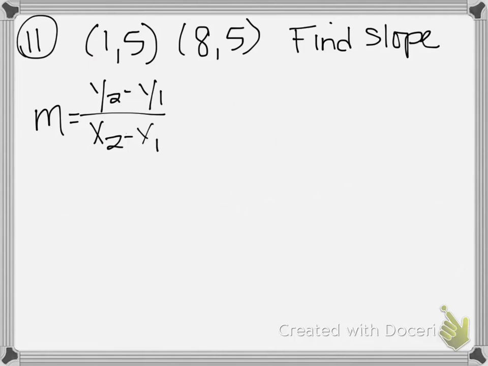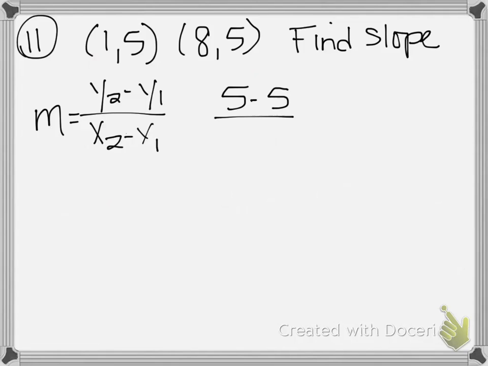So remember, it's rise over run. Rise is your y's, so that's how you can remember what goes on top. So the y's are on top. So I am going to do 5 minus 5.